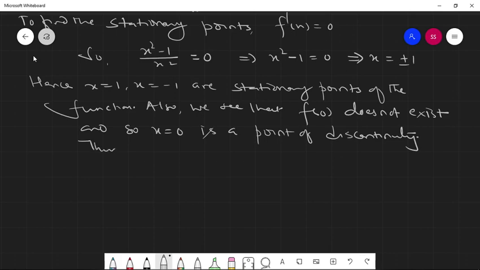Thus, x equal to minus 1, x equal to 0, and x equal to 1 are the points.